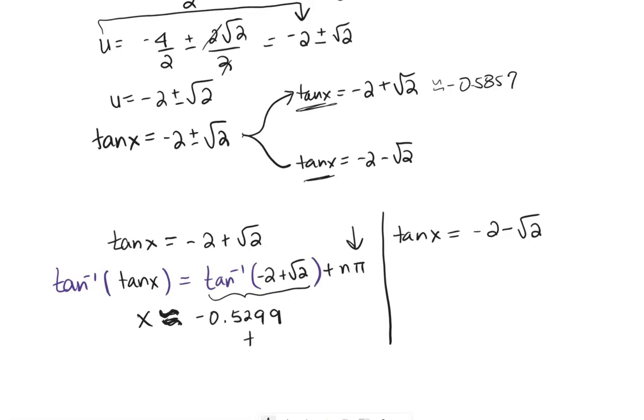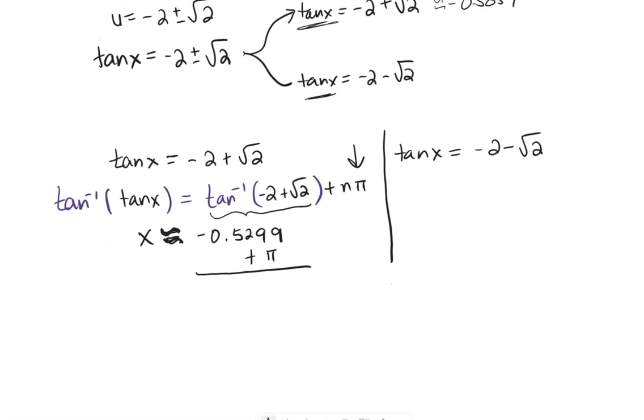We know pi is approximately 3.14, but in the calculator add the actual pi. If you add pi, you'll get 2.6117, which is in the interval 0 to 2 pi, because 2 pi is approximately 6.28. We need to make sure these numbers fall within the interval from 0 to approximately 6.28.